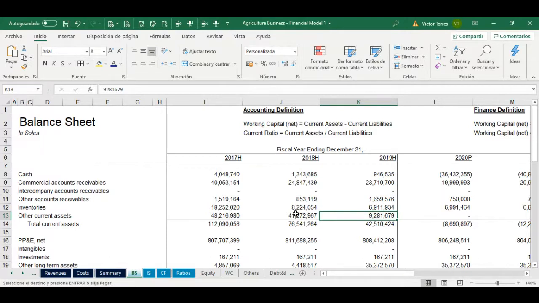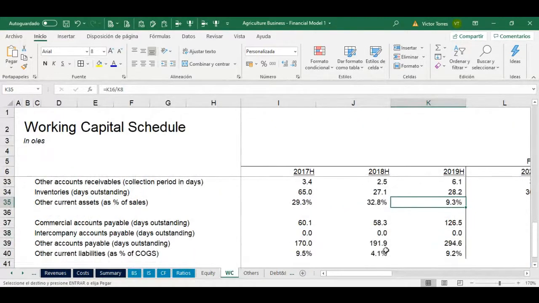They are prepaid expenses in general that are short term, and it had an important number. And instead of calculating that as a simple ratio, what I did here is assume that it was supposed to be a percentage of sales. Please realize the following.